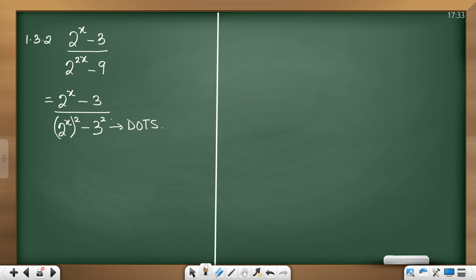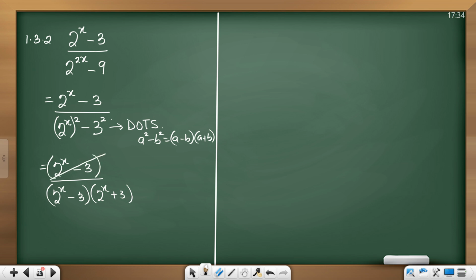So 2 times x can be written as x times 2. That's what the examiner wants you to understand. And difference of 2 squares, what do we know? a squared minus b squared is a minus b, a plus b. So this can be written as 2 to the power x minus 3 over a minus b, a plus b.